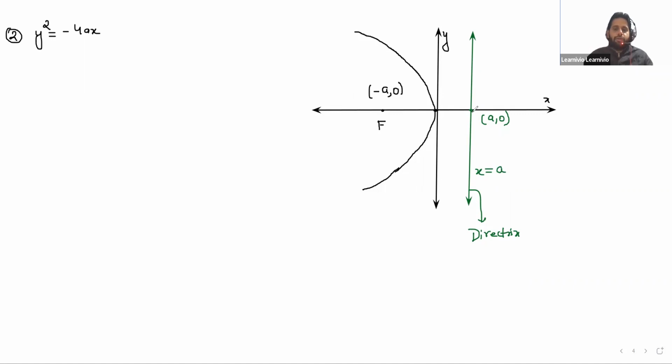Okay, because this coordinate is a comma 0. Now, this is again axis. So, Yusra, can you tell me what is the equation of axis? Y is equal to 0. Yes, sir. Okay, this is again x-axis. So the equation of x-axis is y is equal to 0. Now, please note down this, confirm me, then we will start the next one.